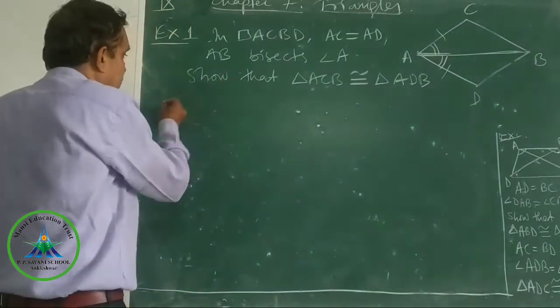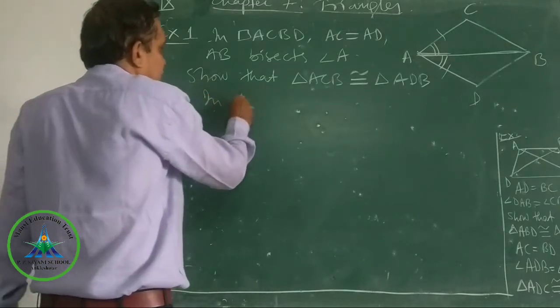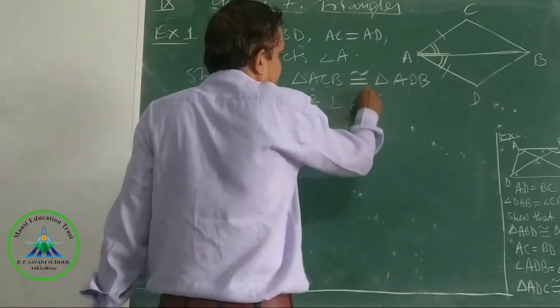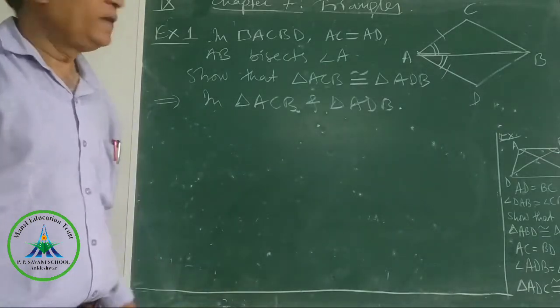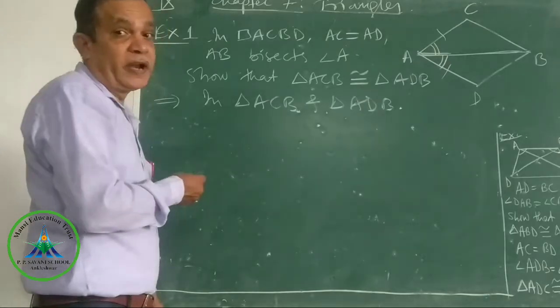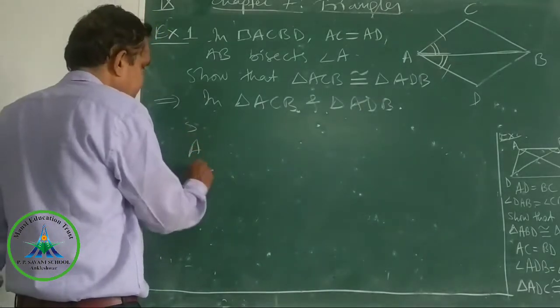Now we will write in triangle ACB and triangle ADB. Which rule we read? We read SAS rule.